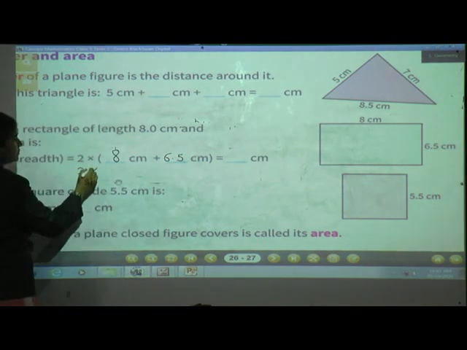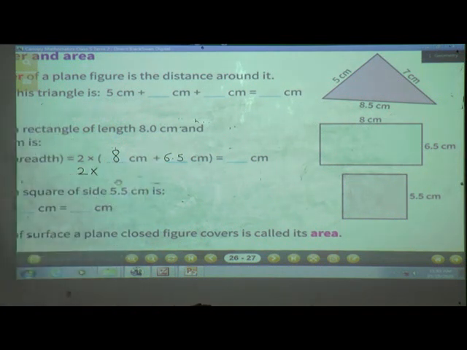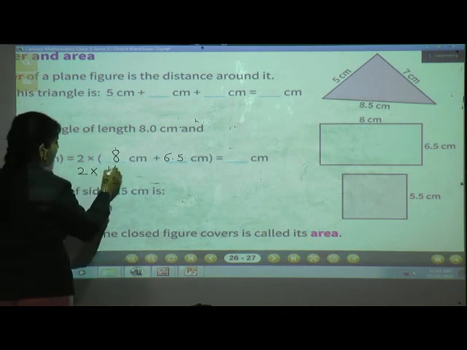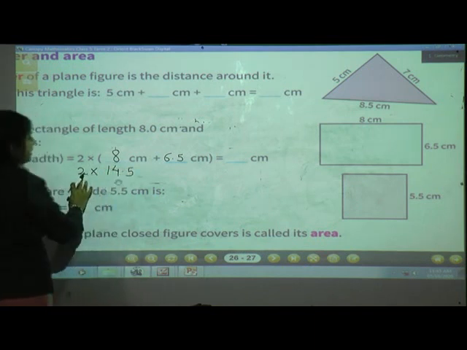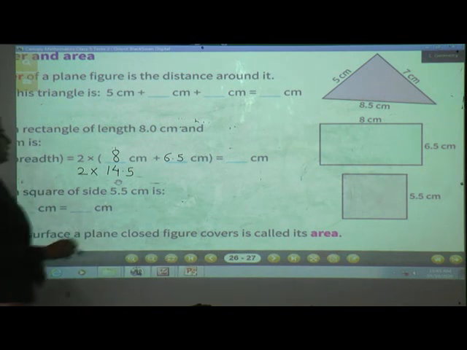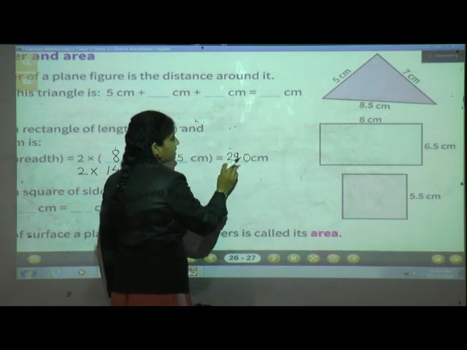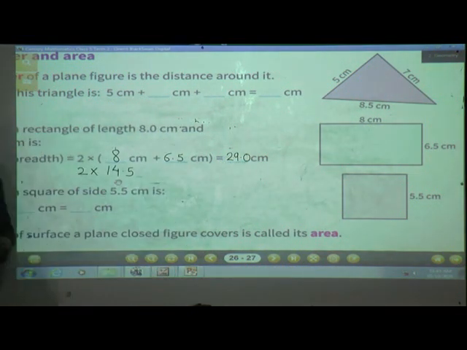So first solve this bracket. 8 plus 6.5, here students, 14.5. Then multiply 14.5 by 2. You will get 29.0. That means 29 centimeter. So the perimeter of the rectangle is 29 centimeter.